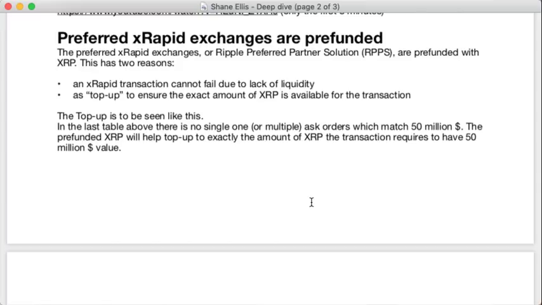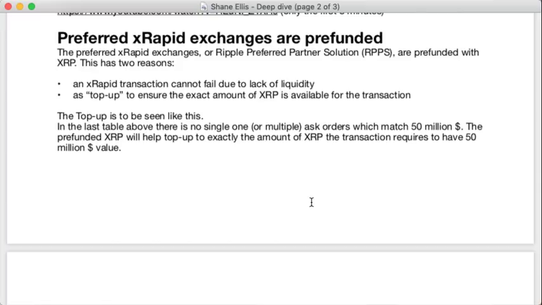I, however, believe this pre-funding will also be used as a top up to ensure the exact amount of XRP is available in the transaction. Let's assume the price is stable at, I don't know, $1, and there is a transaction coming in for $1,000.